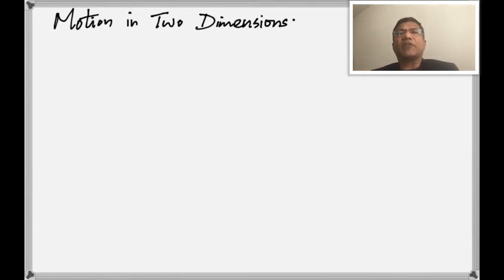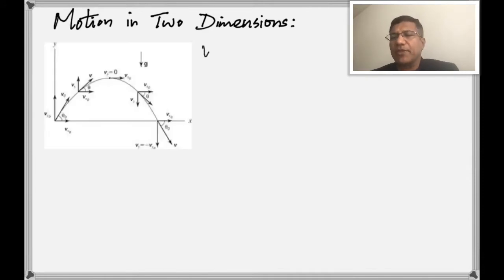So if you have a projectile, initially it has both horizontal velocity and vertical velocity, and it's only the vertical velocity that's affected by gravity. So the vertical velocity changes. It first decreases. At the highest point, the vertical velocity becomes 0, and then it increases. But throughout the motion, the horizontal component stays the same.